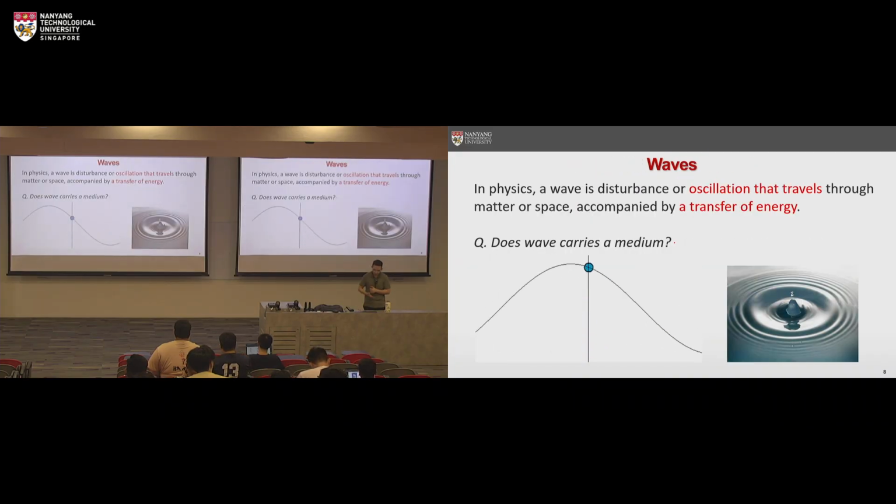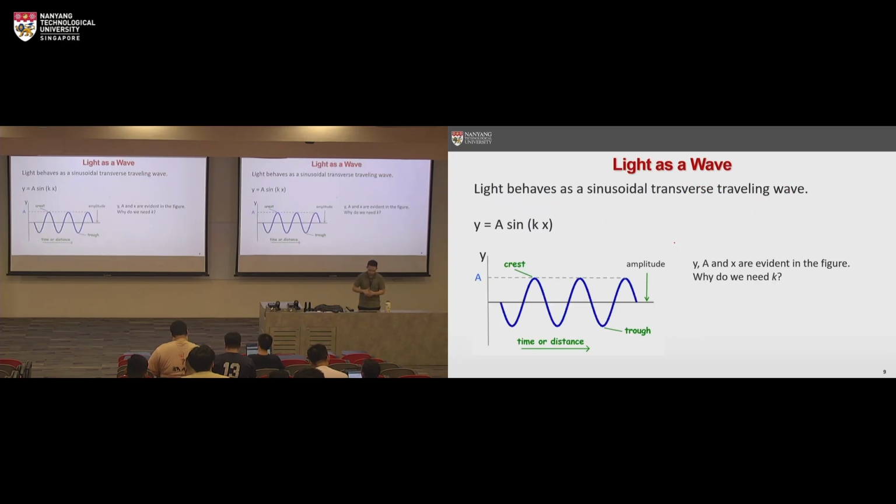When we deal with a wave, this is what we often think of, which is a sinusoidal wave. You might have this concept in your mind. We can straightforwardly define light as a sinusoidal wave, which means it has an amplitude, and your light travels through time.